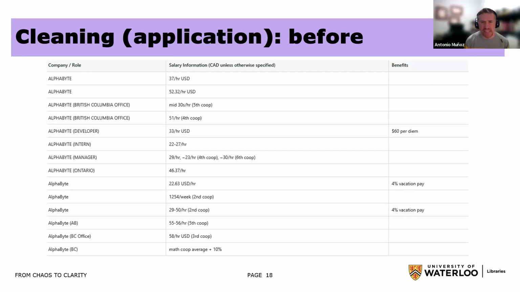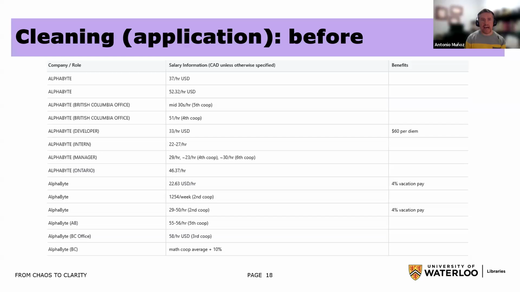This is perhaps a little bit too tiny, and I apologize for that, but this is an example of the data set that we produced with examples of hourly wages for co-op students at the University of Waterloo. If you take a quick look at the left column, you will see that the company name, which is fictitious, has different spellings. It has capitalization at the beginning, and then there are instances where it is capital and lowercase.